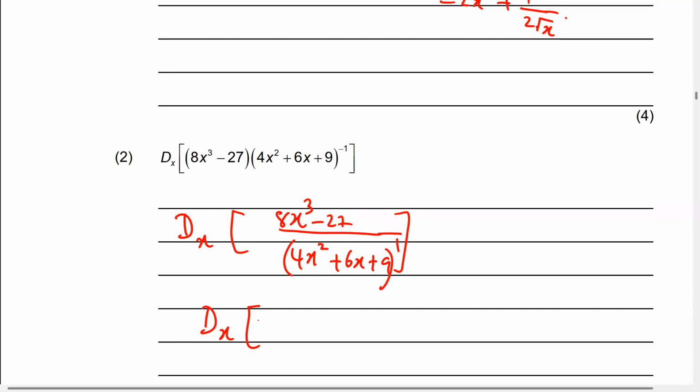There are a couple of ways to do this particular question. You just need to simplify it. This one can be written as 2x cubed minus 3 cubed. That's why it makes it tricky.